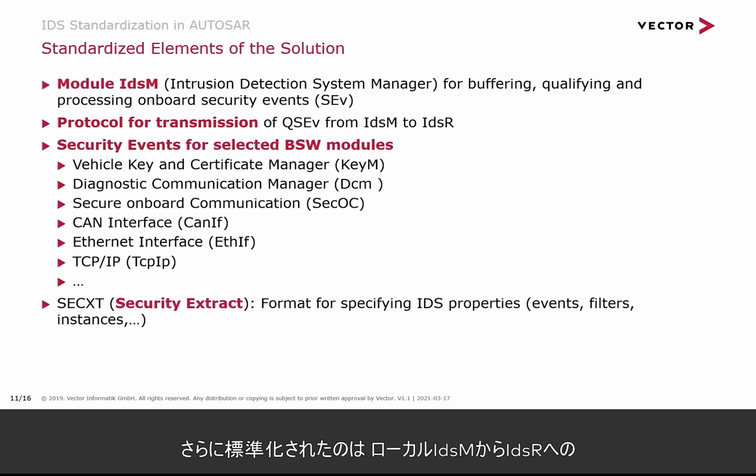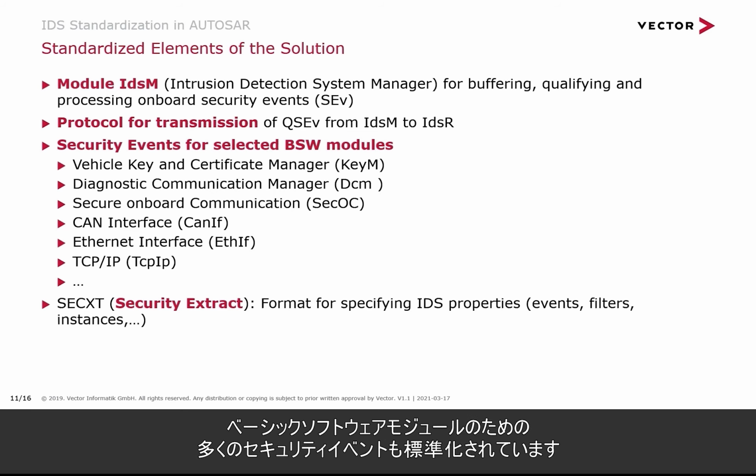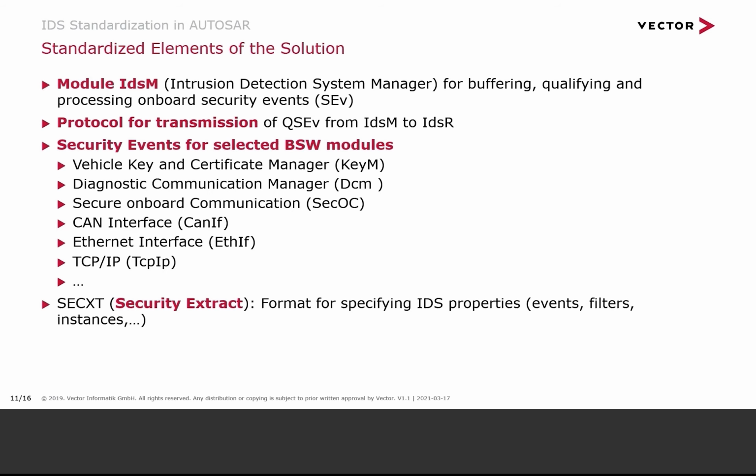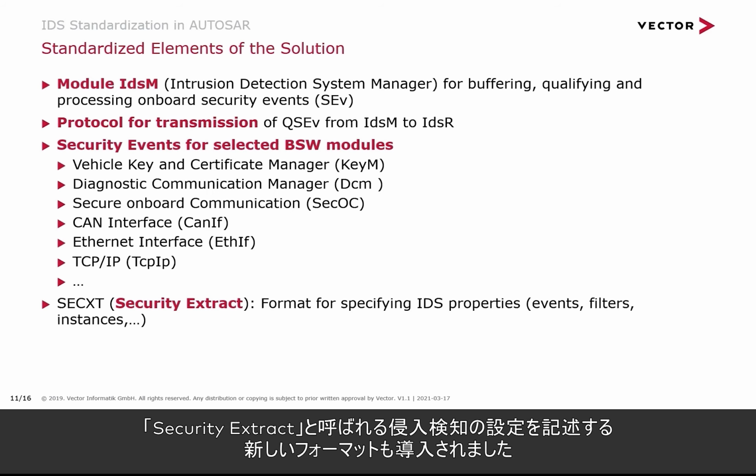A further element of the standardization was the protocol for the transmission of qualified security events from a local IdsM to the IDSR, and also a number of security events for selected basic software modules have been standardized. Examples are security events for the key manager, for the DCM, for SecOC, the CAN interface, Ethernet interface, and TCP/IP. And also a new format for describing IDS properties was introduced, the so-called security extract.